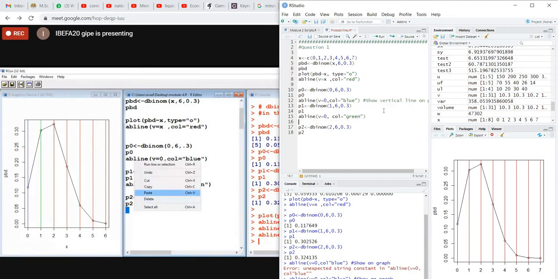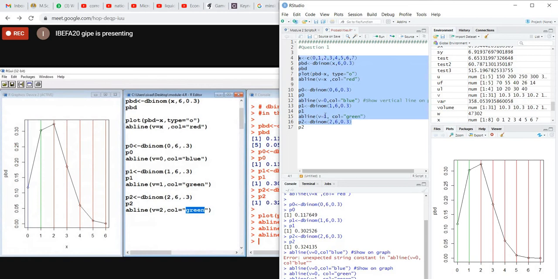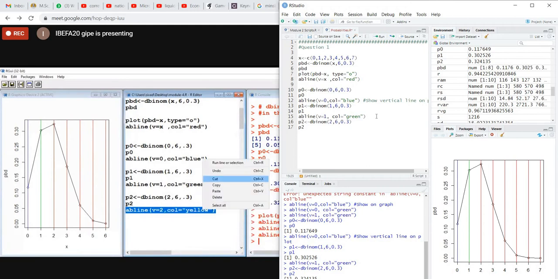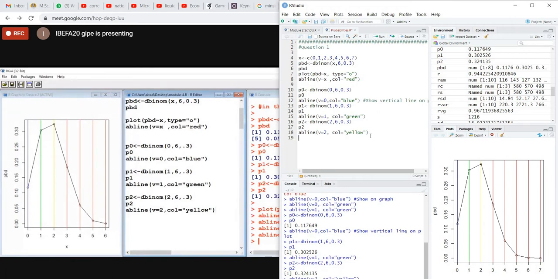Similarly, I want to show the probability on the graph. All the red lines are probability for 3, 4, 5, 6. Our required probabilities are blue, green, yellow.